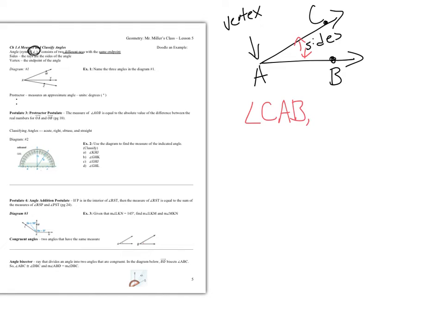This angle could also be named angle BAC. And it might be important to note this should be a little bit more pronounced. I didn't do a very good job of that, but the angle should be more like that probably. And then we also have one other way we can name this, and if there's no other angles involved in this, we could name this off of the vertex. So we could say this is angle A.